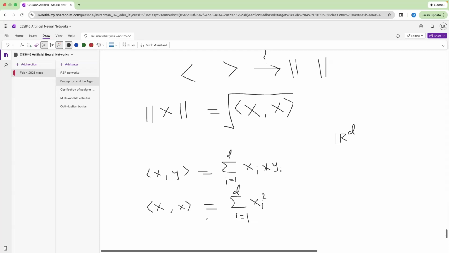And then you define the norm as basically the square root of this value, so the square root of the summation of Xi squared, which is exactly, in this case, the dot product of X with itself, and then you take the square root.